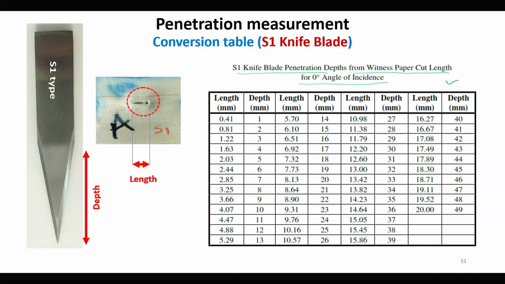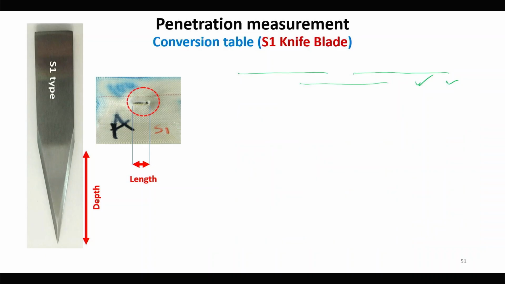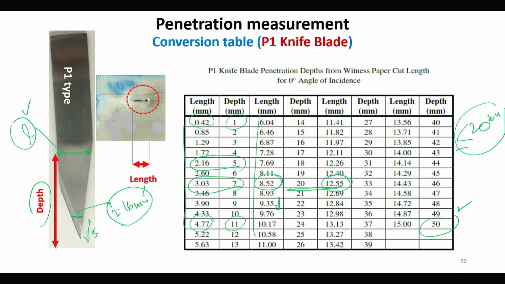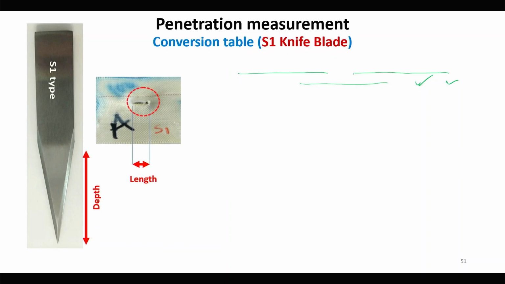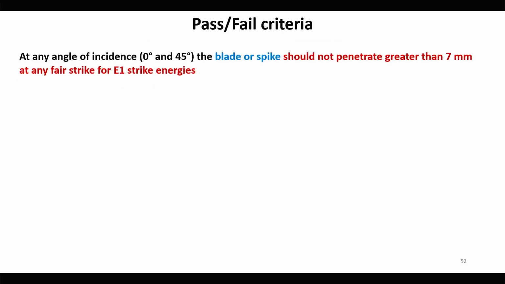This data is for 0 angle of incidence, and earlier for P1 also it is for 0 angle of incidence, but if the angle of incidence is different, then there will be different tables available. So, we can calculate the depth of penetration and pass fail criteria here.